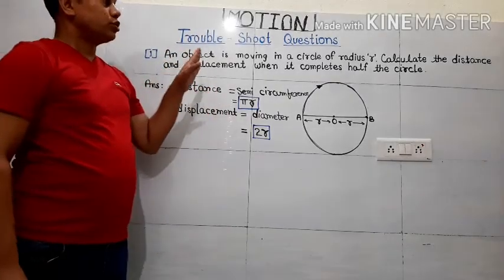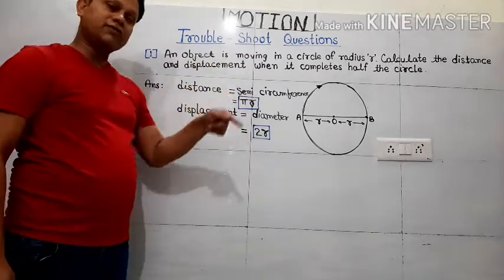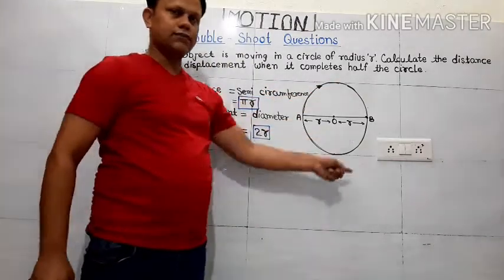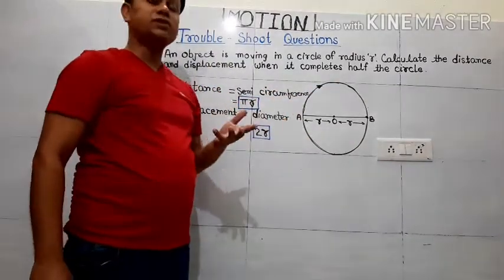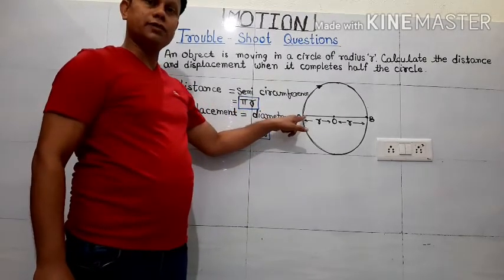Now, to express this question in diagrammatic form, I have drawn a circle, and there will be some starting point on the circular path. Suppose I have taken A here.